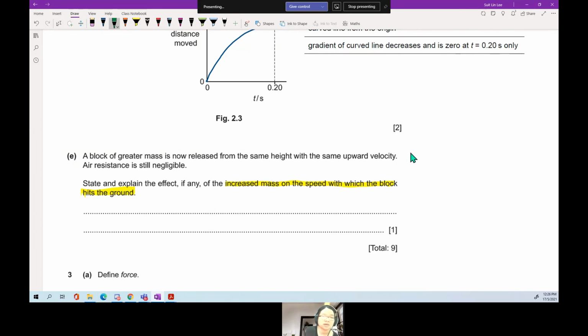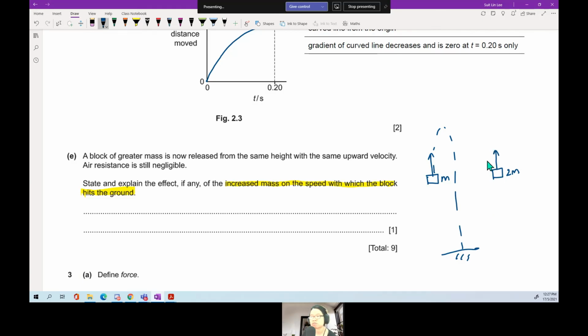So the first block, let's say this is M, okay? Travel upwards, then it crashes to the ground. Second block, same dimension, I presume, or there's no air resistance, so it doesn't matter, but let's put it at the same dimension.